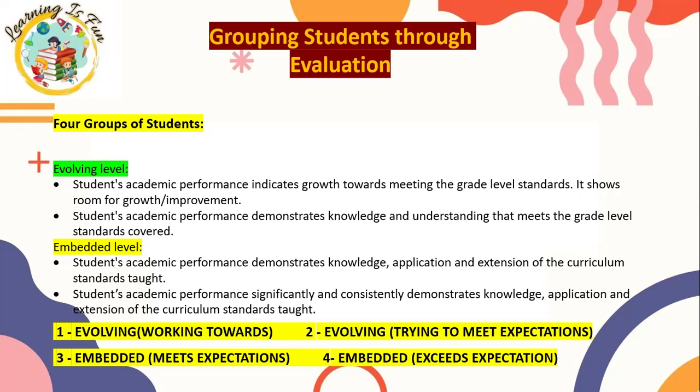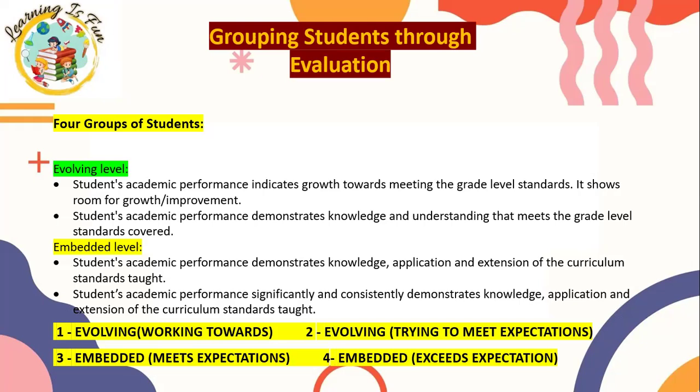Why do we call them mediocres? Because sometimes they meet your expectations and sometimes they are trying to meet your expectations. That's why they are called mediocres of the classroom. Almost more than half of the students of your classroom will come in that category.